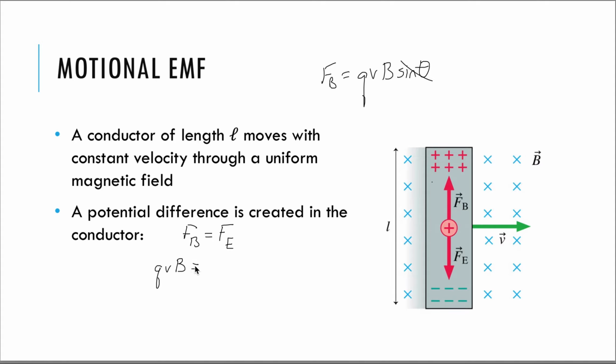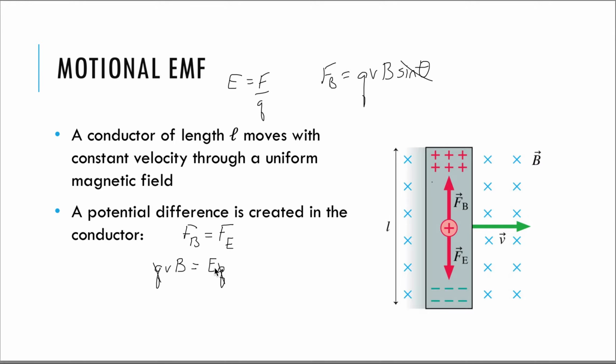The electric force is the electric field times the charge. This comes from the definition that we learned that the electric field was the force per charge. So when we set these equal to each other, the charge cancels out.